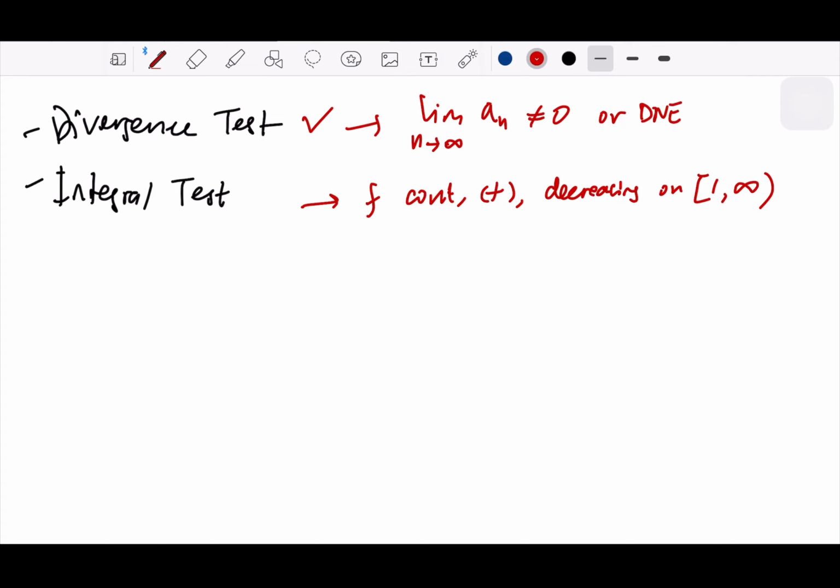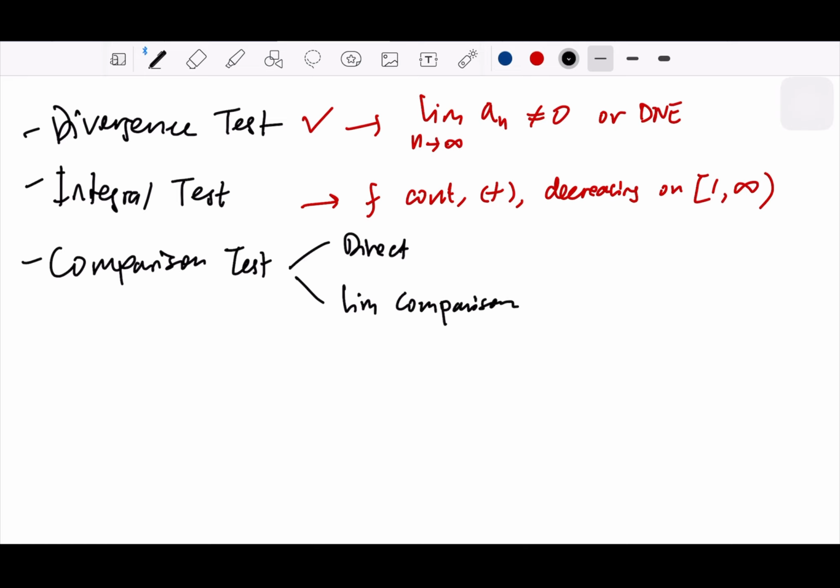Whenever you find this, then you can go to the integral test. And if you can compute the improper integral, then it will converge. And then you have the comparison test: direct comparison and then limit comparison test, which we just discussed.